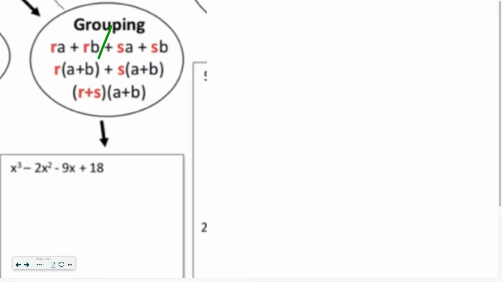Let me factor S out of the second two terms. So that's like taking out their GCFs. And then at the end, we're going to basically undistribute. It must have been these two things as a single factor, R plus S times A plus B. Like I distributed the R to the A plus B, and then I distributed the S to the A plus B. Okay.